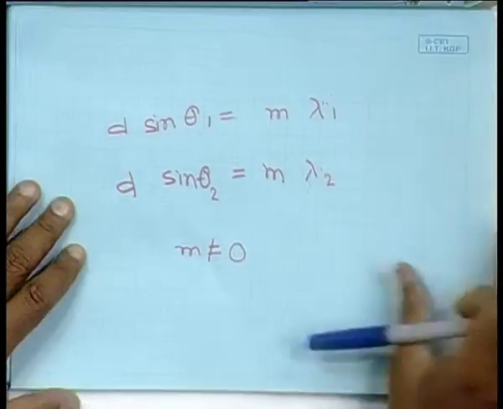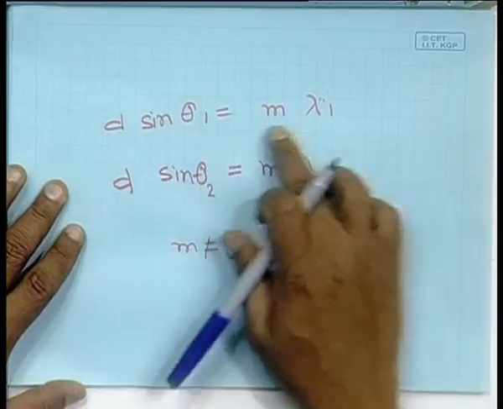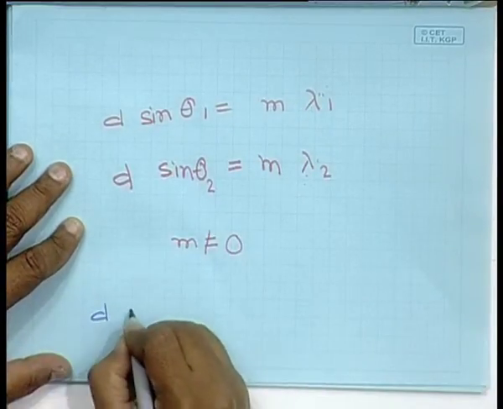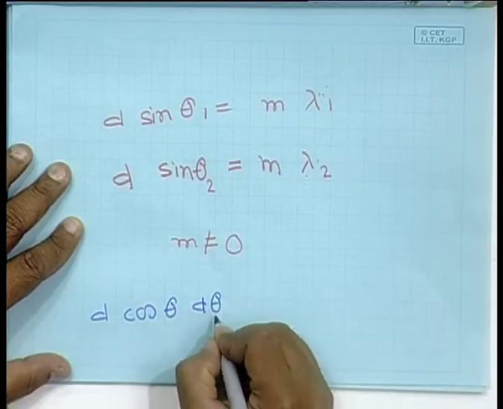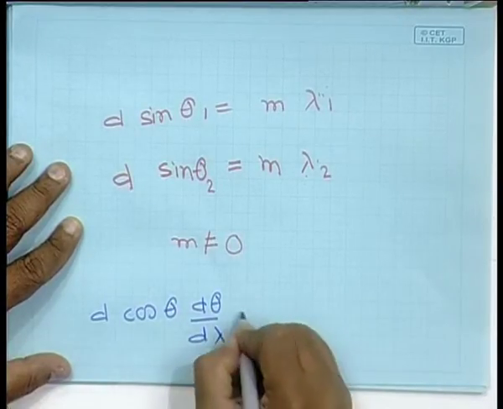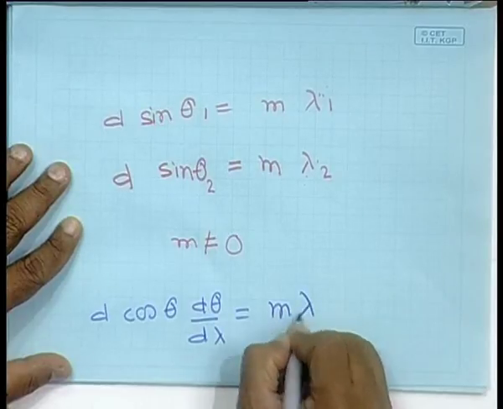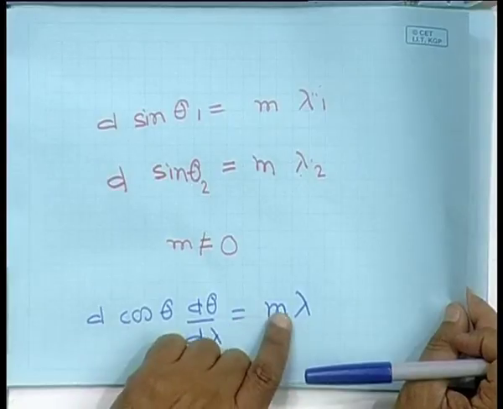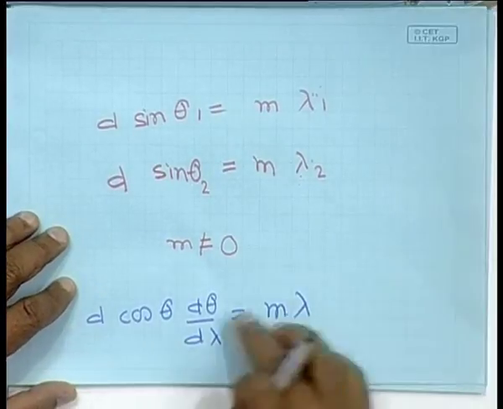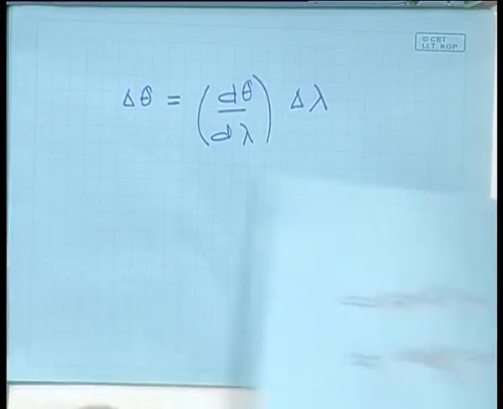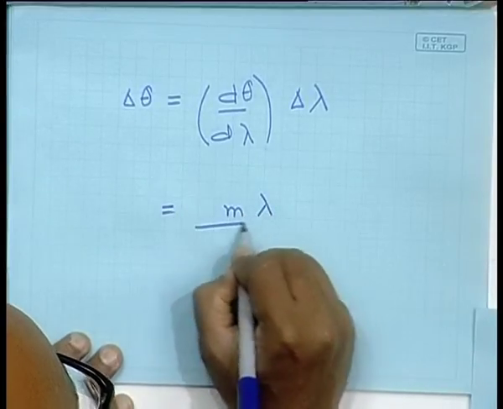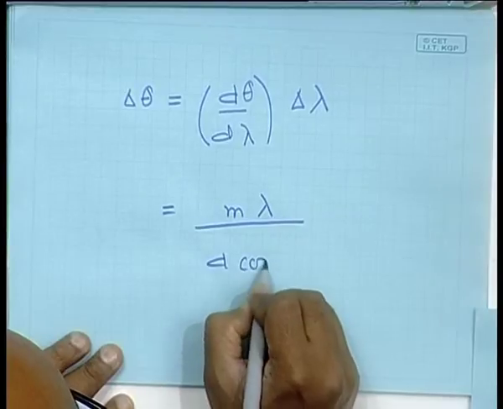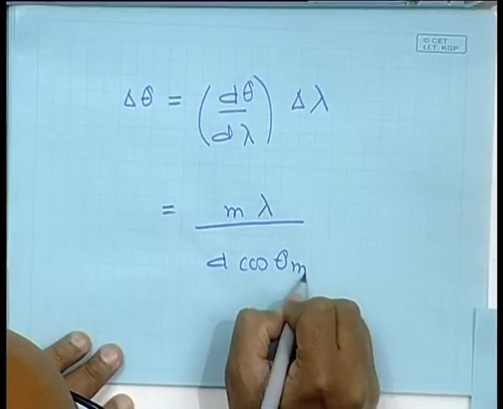If you differentiate this expression, what you get is d cos theta d theta by d lambda is equal to m.